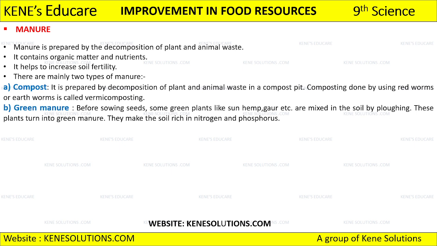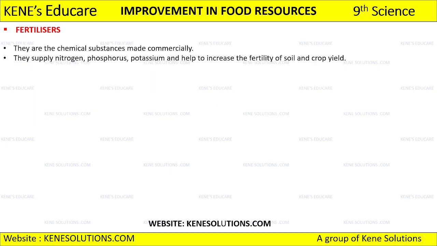After discussing manure, we have studied that there are two types of manures, right? One is compost and the other one is green manure. So after studying manure in detail, we discussed fertilizers, and there was one short part given that these fertilizers are made up of chemical substances, right?